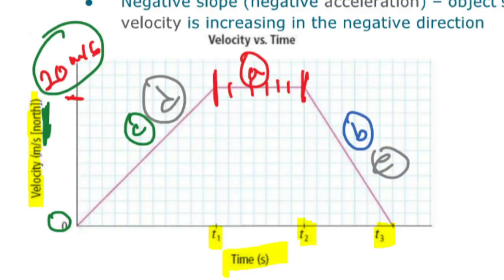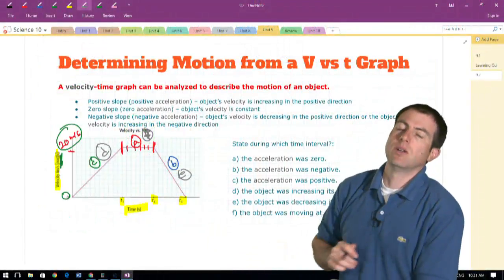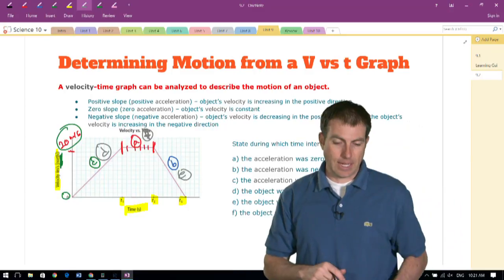And then constant velocity north is a horizontal line, or up at the top. So those are kind of the scenarios you'll encounter in terms of velocity time graphs.